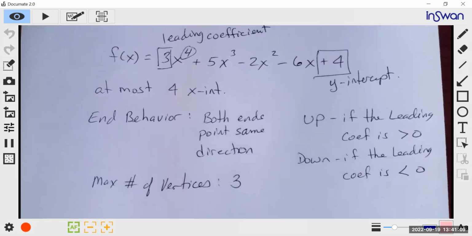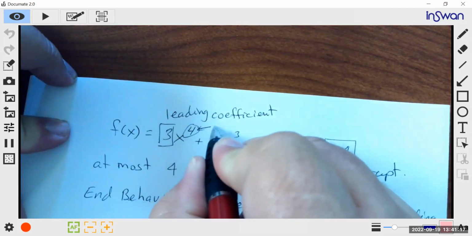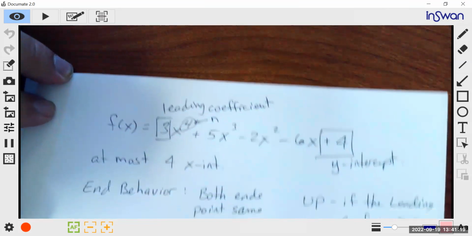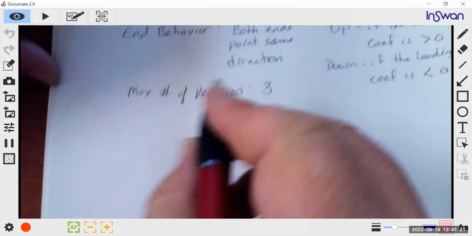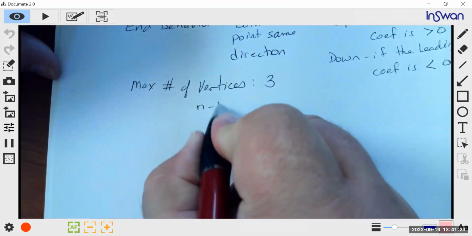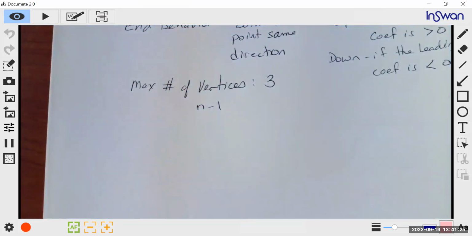Just think of the parabola. It crosses twice, we have one vertex. So if this number here is what we typically call n, the degree, the number of vertices is always n minus 1. It's the degree minus 1.